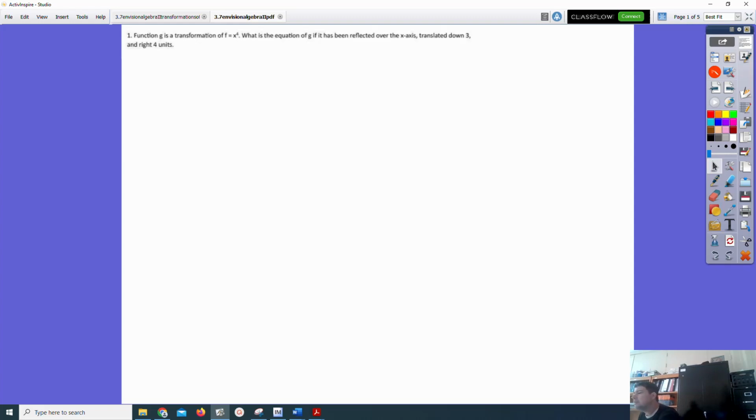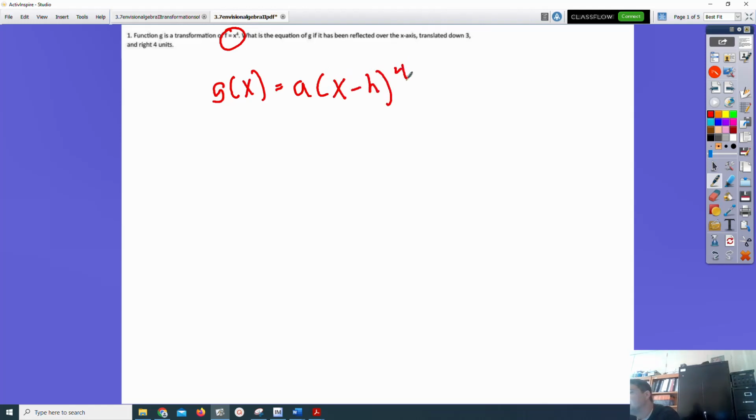So your transformation function that you're going to be using, you ought to know these by now because they're all the same. But g of x would be some a, probably plus or minus 1 for this example. It's x to the fourth, that's your mother function, x minus h to the fourth plus k. And if you're just now tuning in, this is our initial slope, things like that.